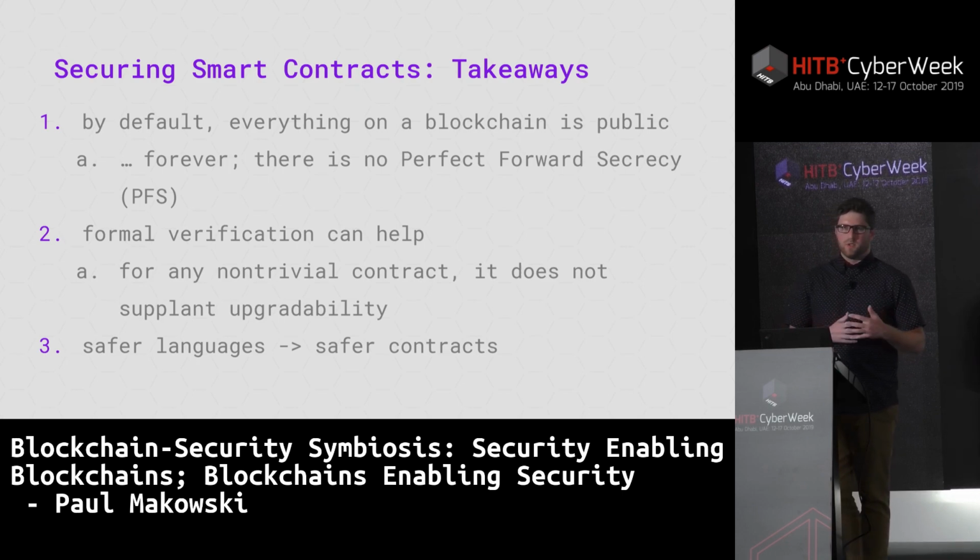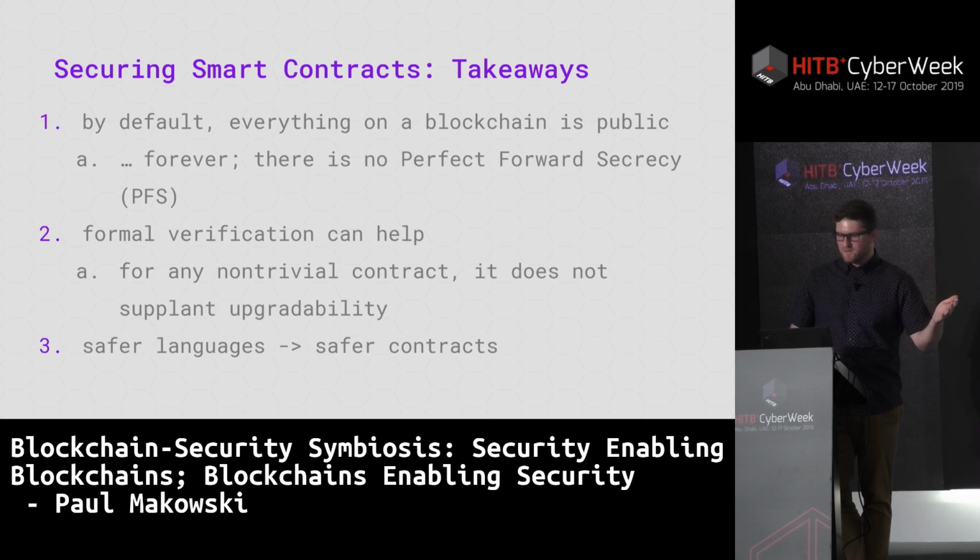So for any non-trivial contract, what I would recommend is you build in some sort of upgrade path, which is, again, not the default by any means. You wouldn't run a browser nowadays that had no way of updating itself, right? But that's effectively what you're doing when you're sending money to smart contracts on the Ethereum blockchain: you're sending money to something that might be vulnerable, is in some cases outside of the realm of what we can verify right now, and can never be upgraded.